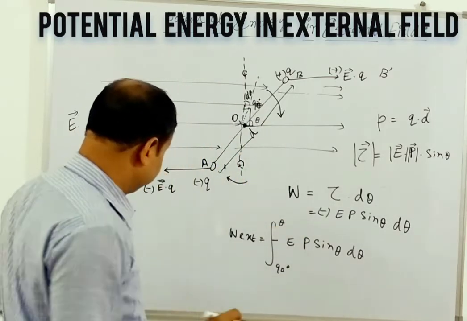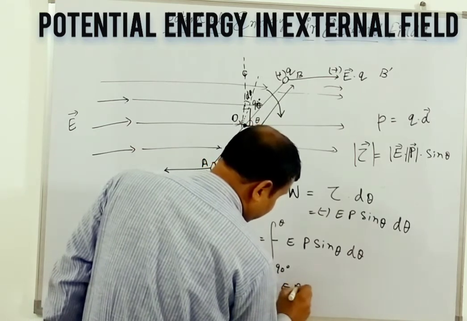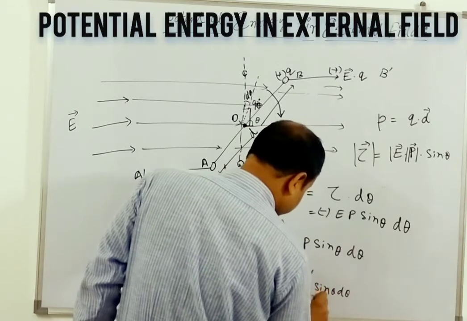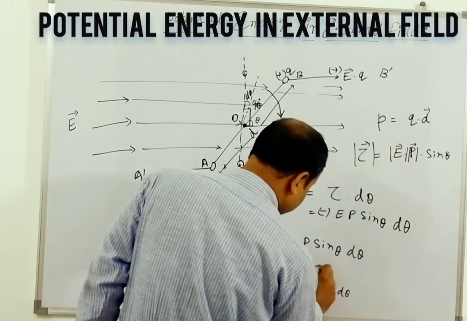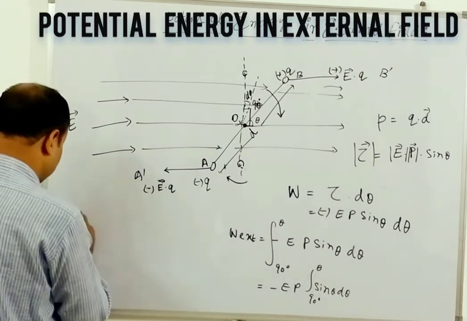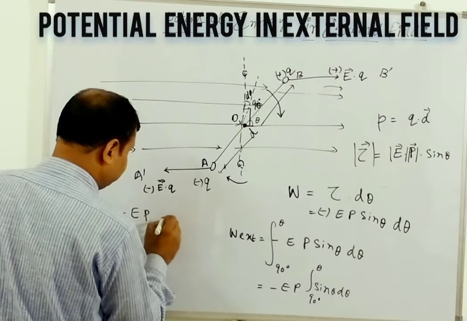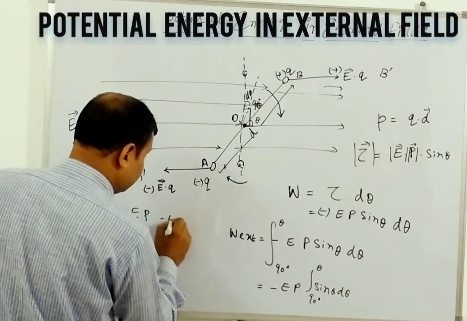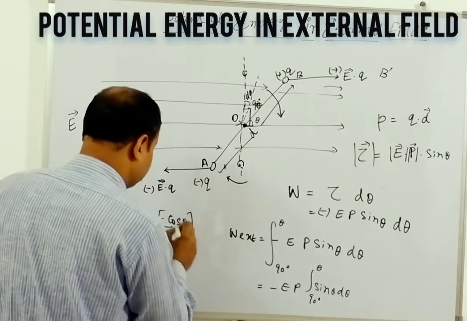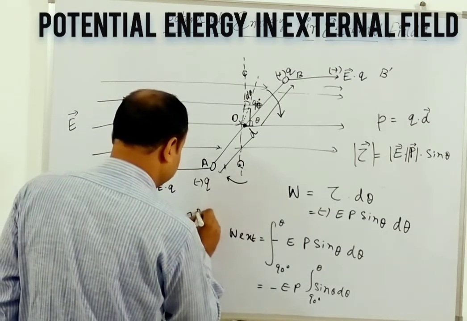So this will be minus EP sin theta d theta, integrated from 90 degrees to theta. So W external will be minus EP times minus cos theta, as the integration of sin theta is minus cos theta, from 90 degrees to theta.